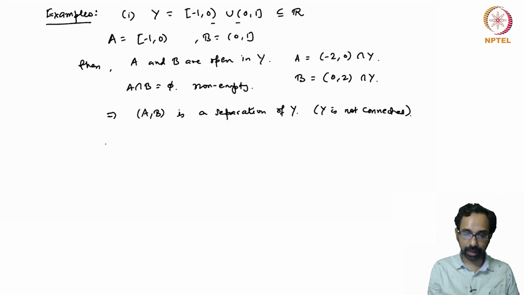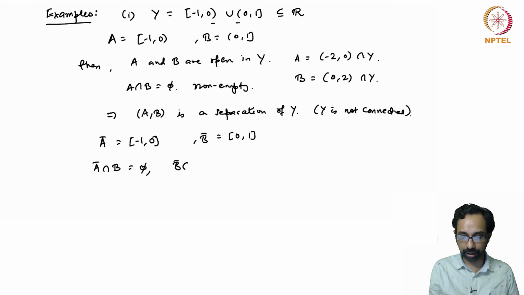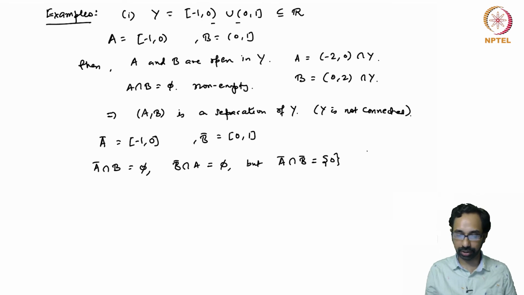And now here notice that, so what is A closure? A closure is nothing but [-1, 0], okay, 0 included. Similarly B closure is [0, 1], 0 included. A closure intersection B is empty, B closure intersection A is empty, but A closure intersection B closure is precisely the set {0}, so this is non-empty.